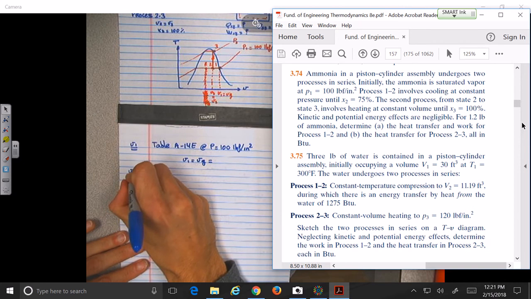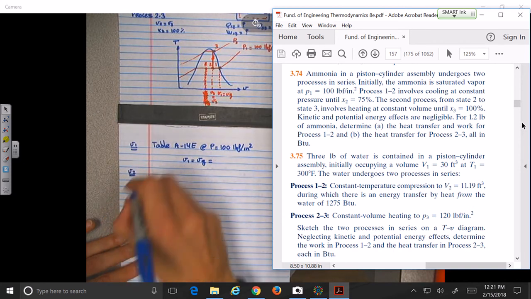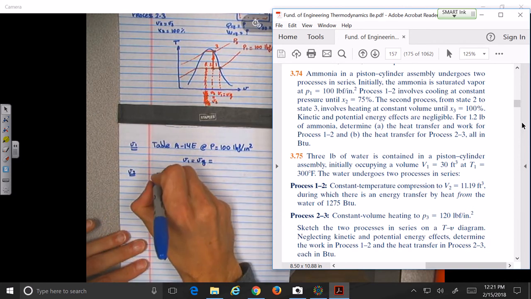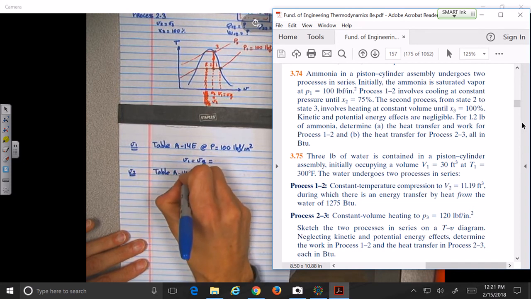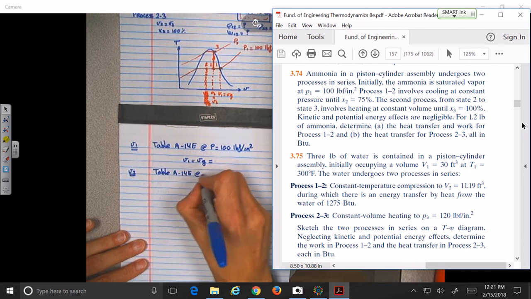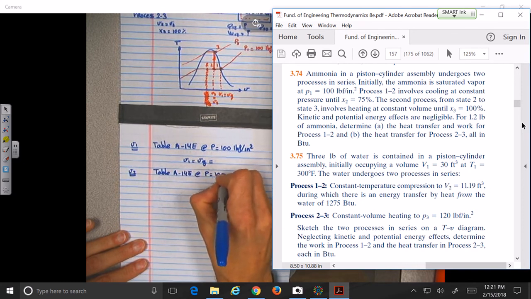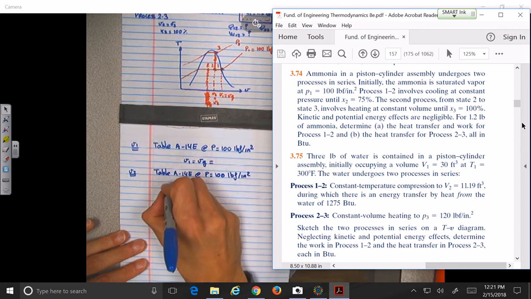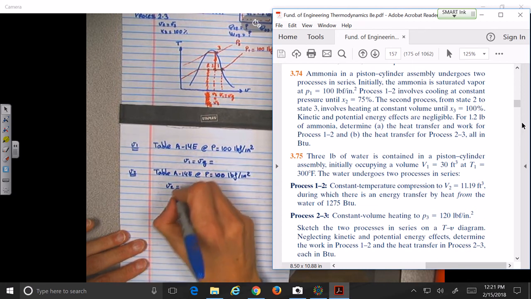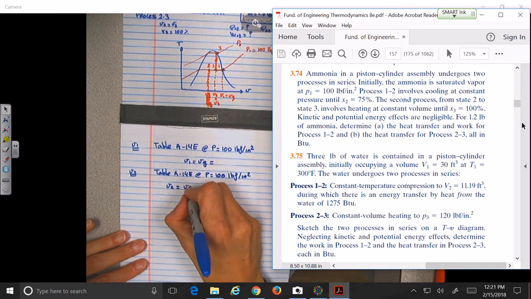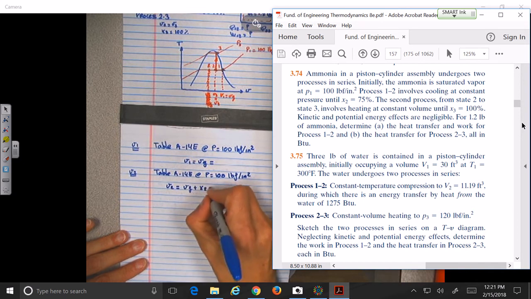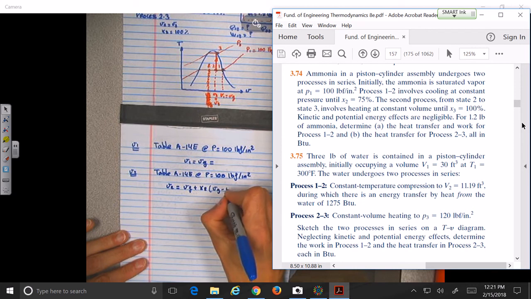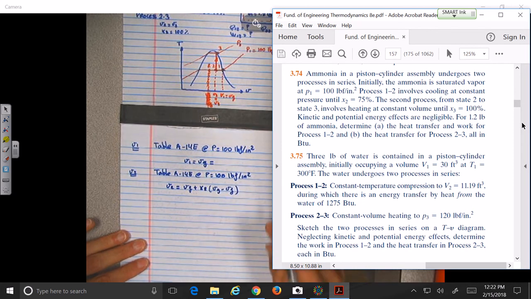For V2, what do you know about V2? V2 will be equal to what? So also you will go to table A14E at P equals 100. But now, what type of information do you need? V2 will be equal to Vf plus x2 times (Vg minus Vf), no?